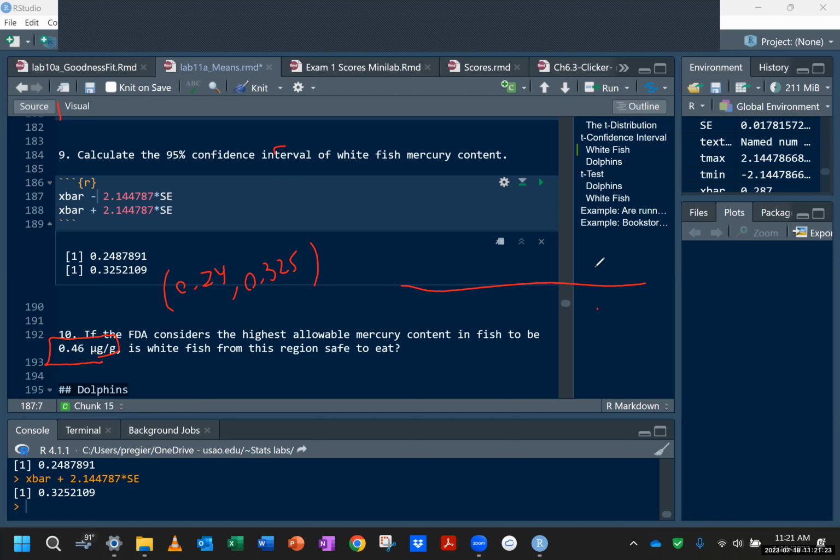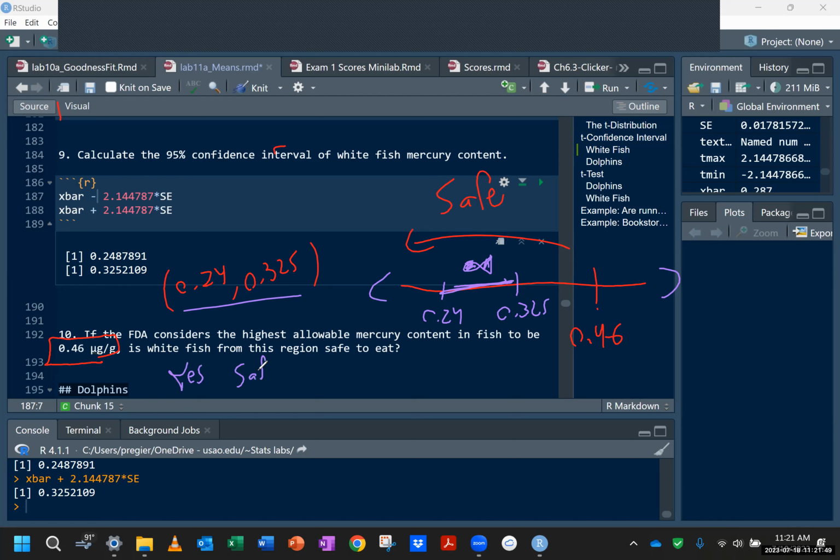So safe would be 0.46 or less. If you draw it on a number line, and we found anything from 0.24 to 0.325 is what you'd expect for my whitefish. So it looks like whitefish is in the safe zone. Yes, it's safe to eat.